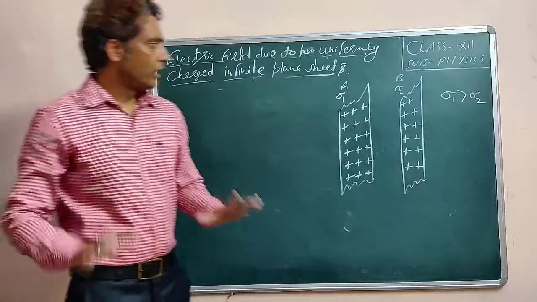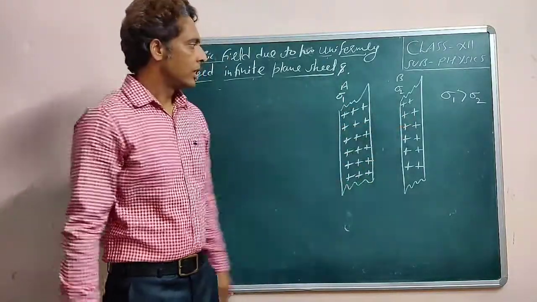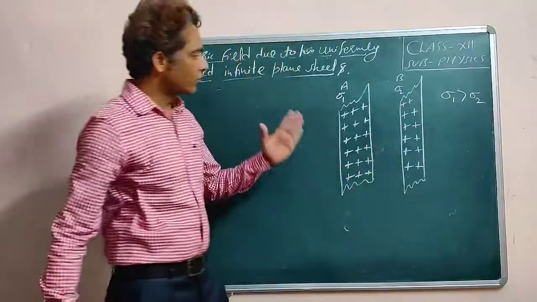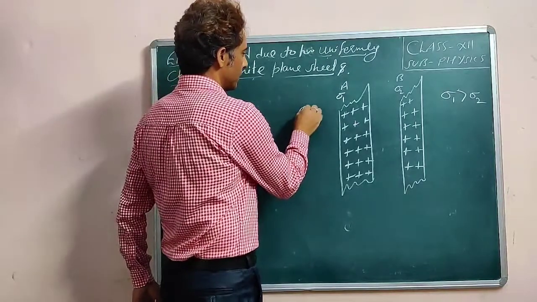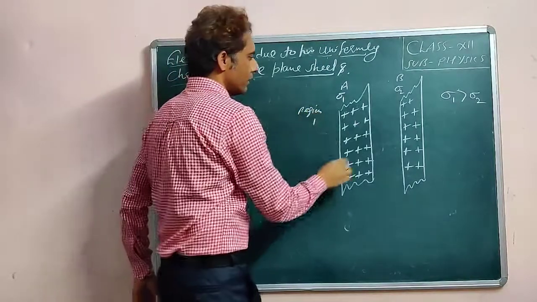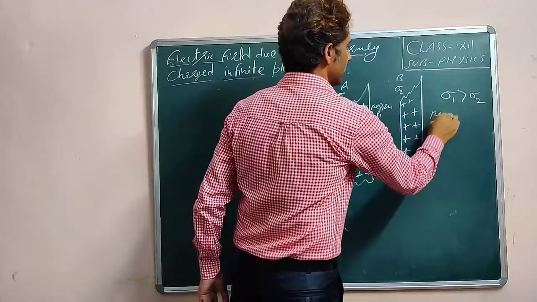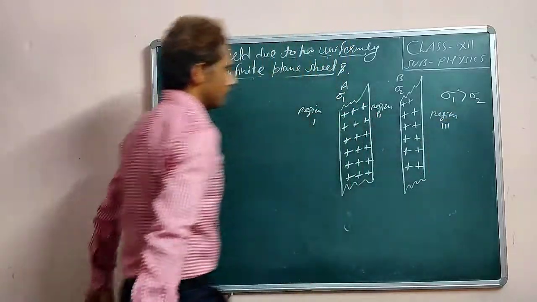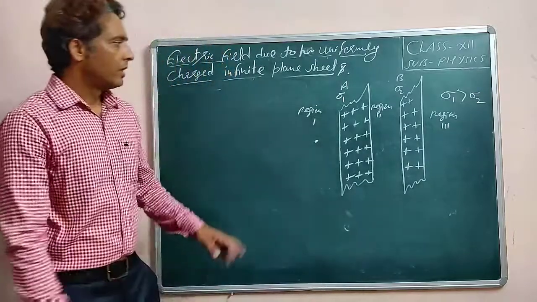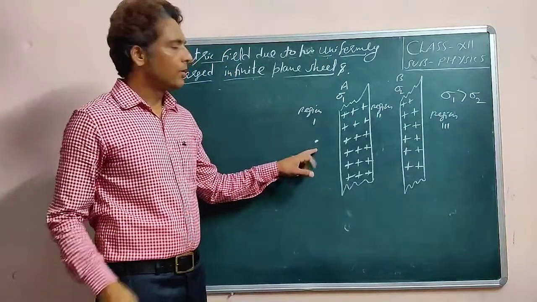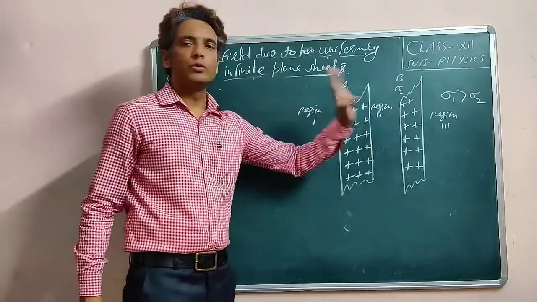Now we can calculate the electric field intensity due to combination of these two sheets in between the sheets or outside the sheets. So let us represent this region as region 1, this is region 2 and this is region 3. Now if we consider some point at this point, electric field at this point will be vector sum of electric field intensities due to these two sheets.